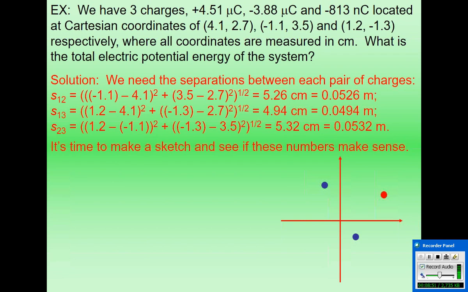And in our little sketch, while certainly these charges are not all equidistant from each other, they're all approximately the same distance from each other. So the fact that I got 0.0526, 0.0494, and 0.0532, 3 numbers pretty close to each other, I'm feeling pretty comfortable about those separations.